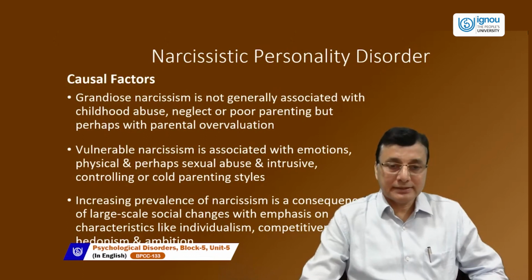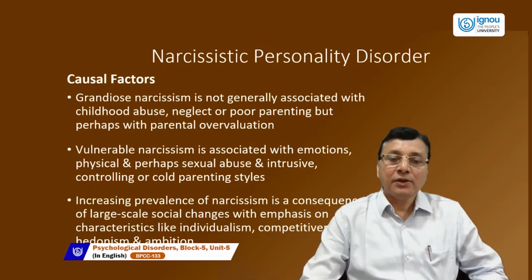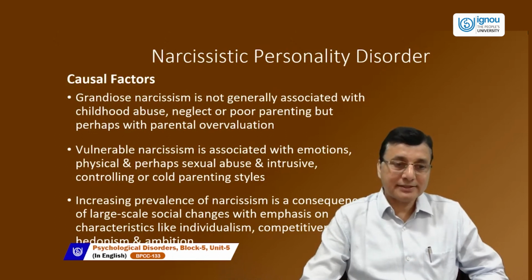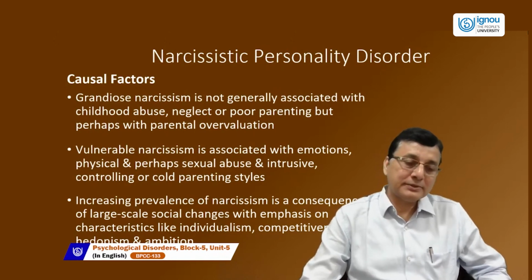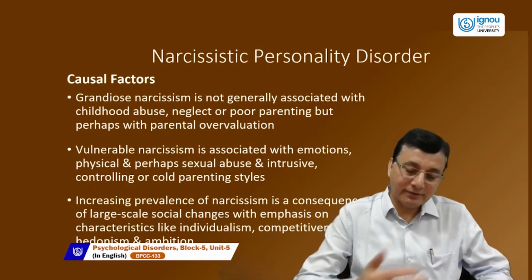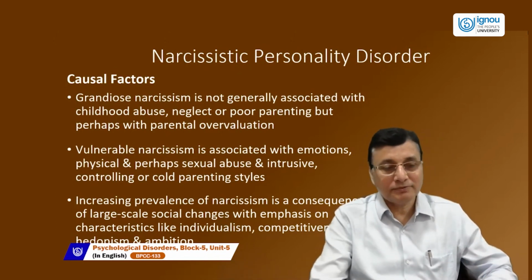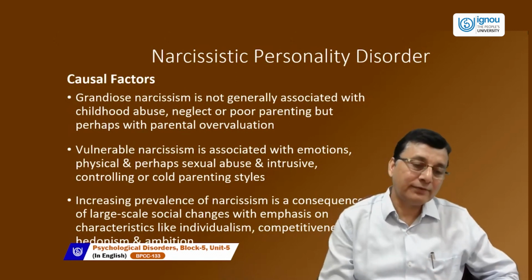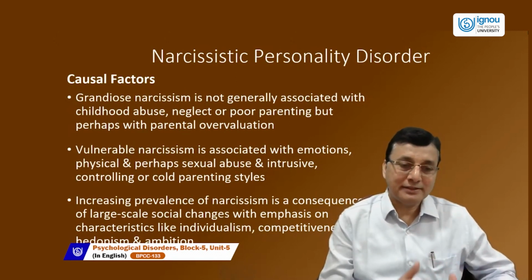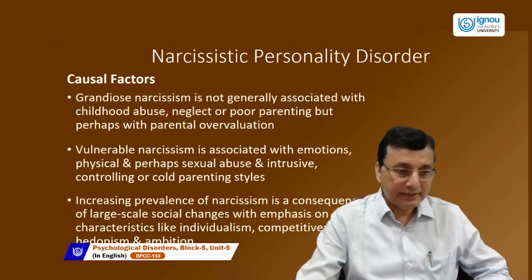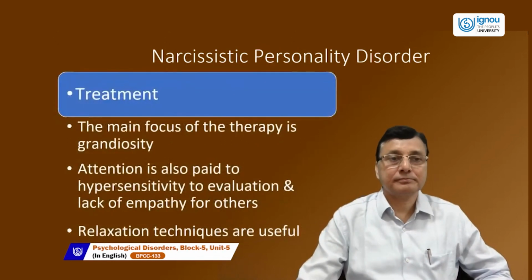The increasing prevalence of narcissism is a consequence of large-scale social change with emphasis on characteristics like individualism, competitiveness, hedonism, and ambition, which we have seen in Western countries. Now it is there in our countries also. So we are giving lots of emphasis to privacy, individualism, competitiveness, hedonism.